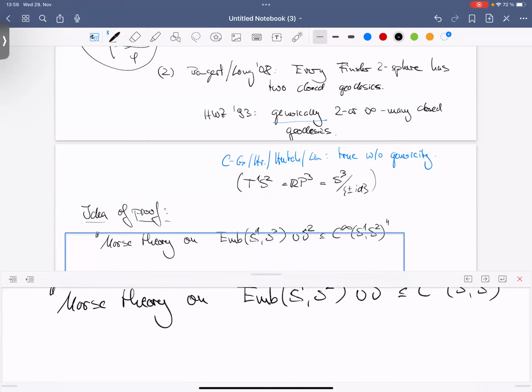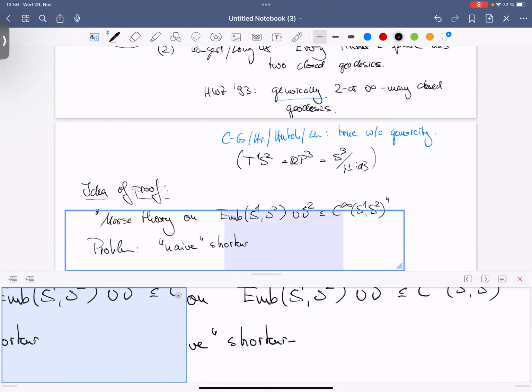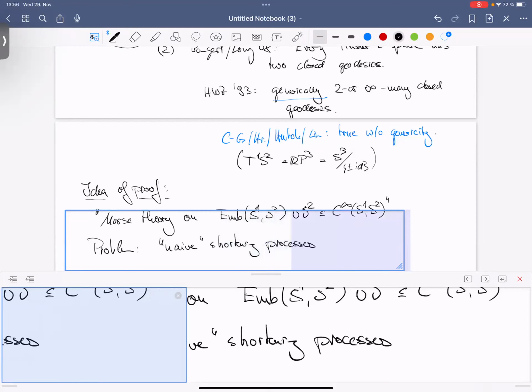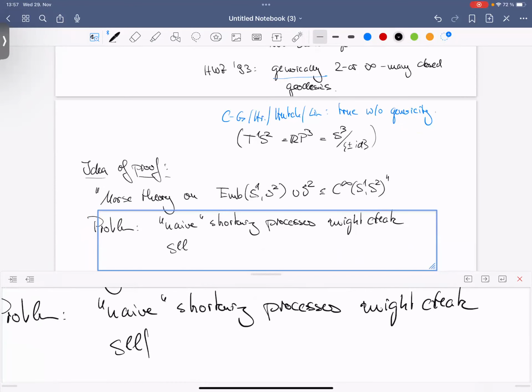The problem is that with this approach, and this plagued all ideas so far, the naive shortening methods create, or might create, it's not really clear if it happens, self-intersections.